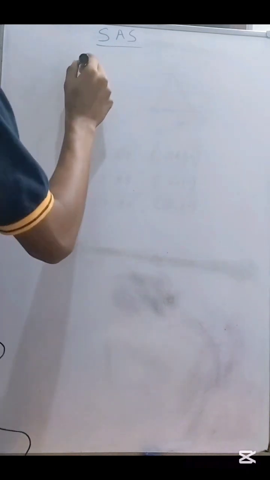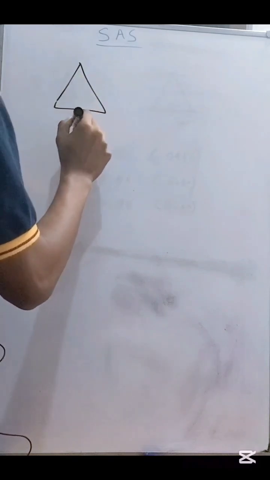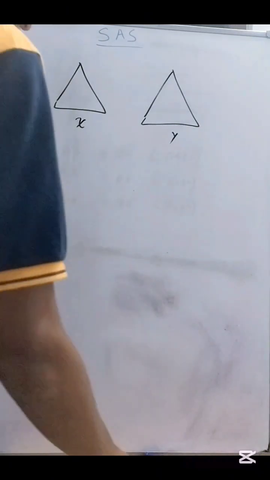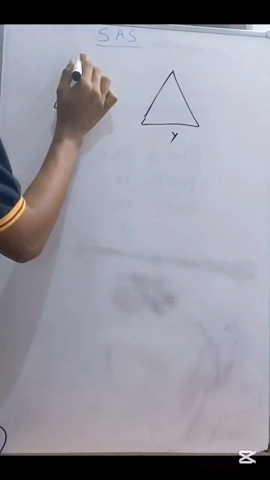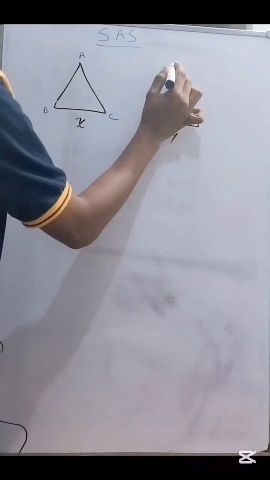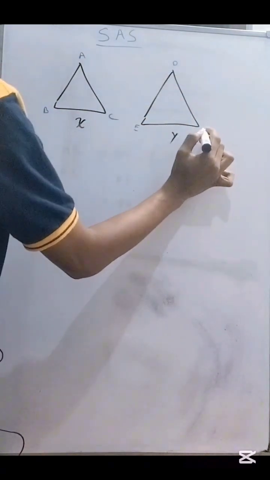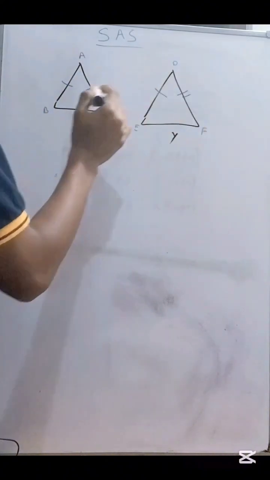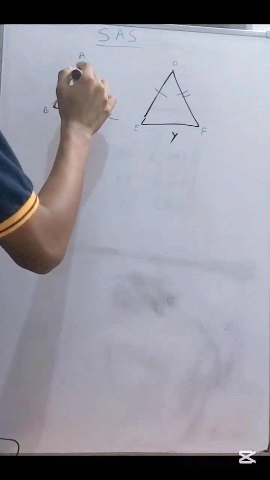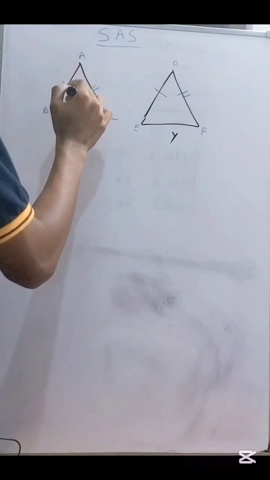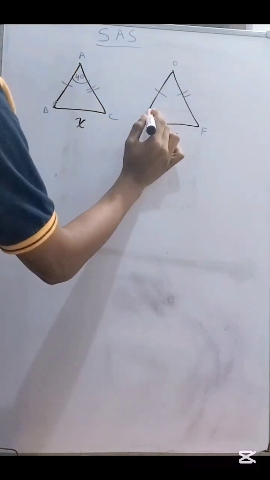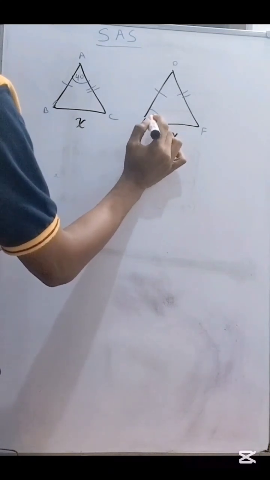To prove this, let's draw two triangles, X and Y. So we have ABC, DEF, and we have two sides equal and an angle of 40 degrees, and here we have an angle of 40 degrees.